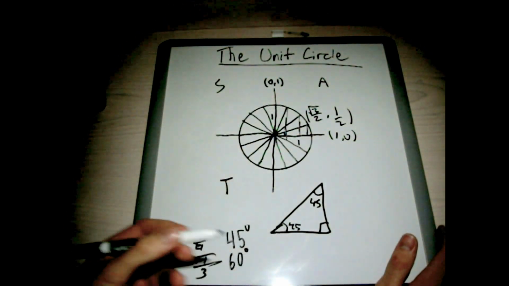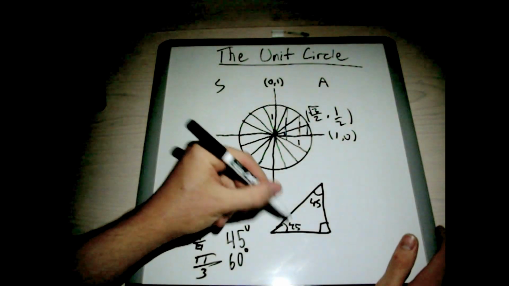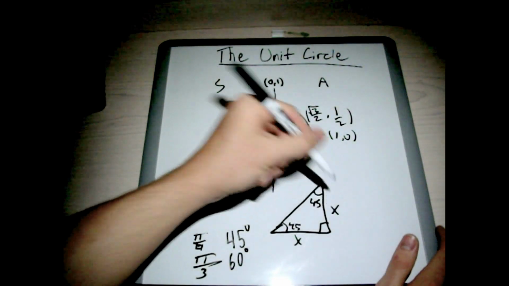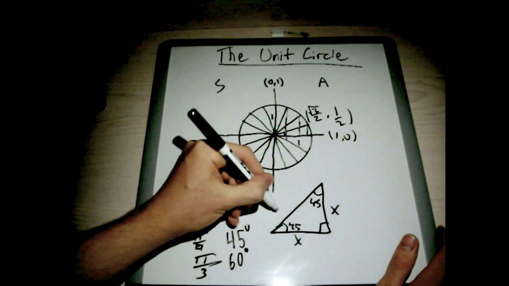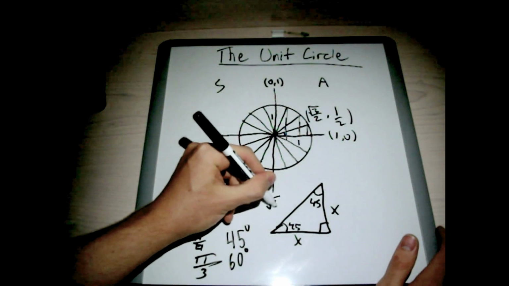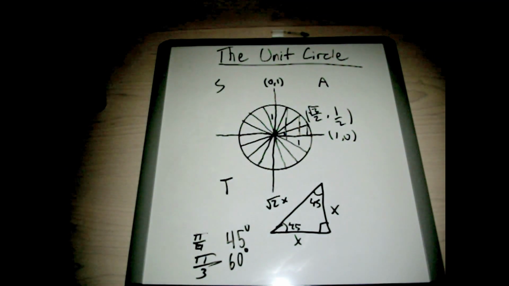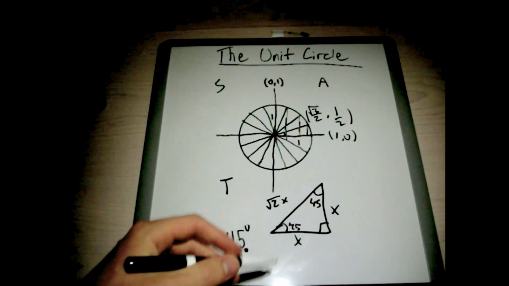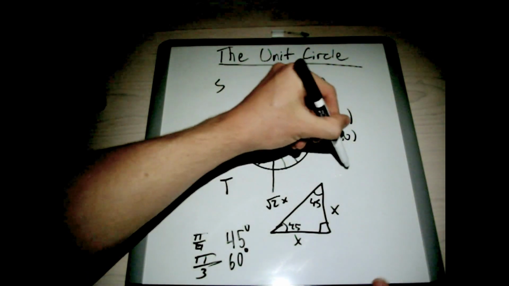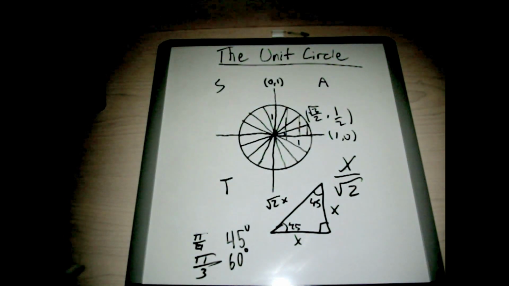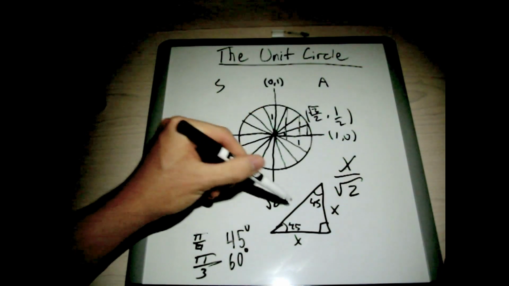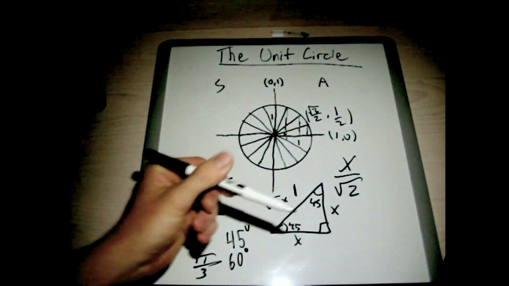And basically what the rule states for this is that the x and the y are going to be the same, because the hypotenuse is square root of 2 times x. So in order to find what x is, you're going to take x divided by square root of 2. In this case, x is 1 because the hypotenuse is 1.